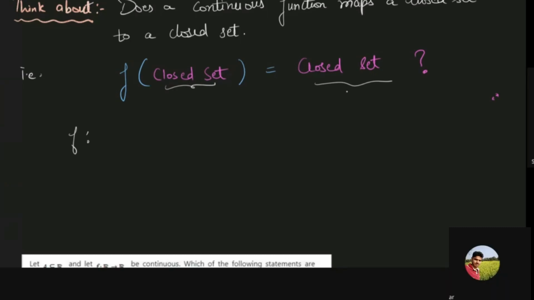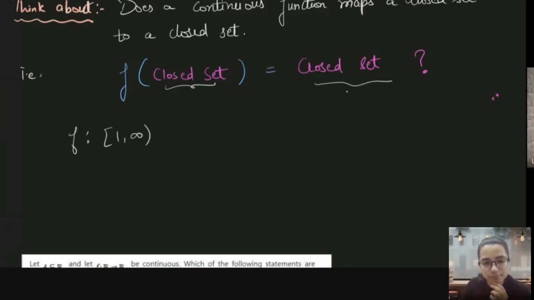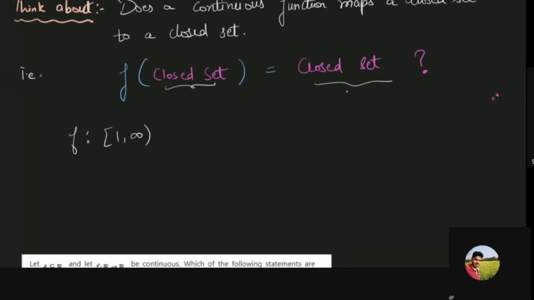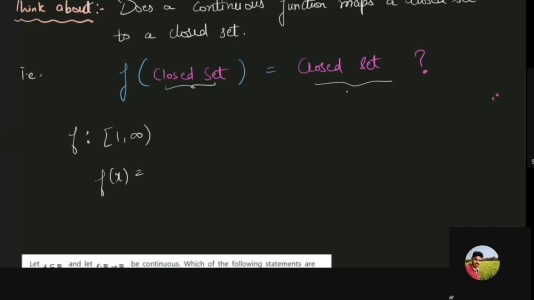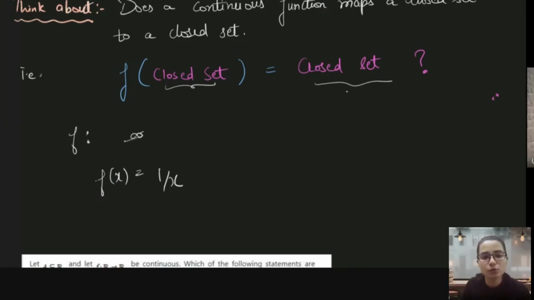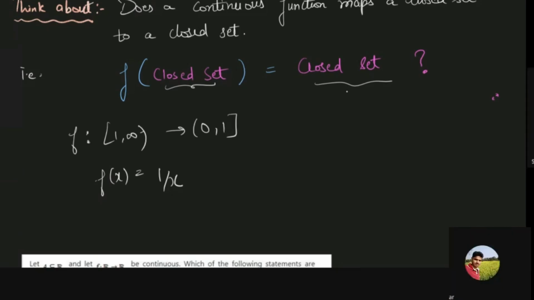Closed one to open infinity is a closed set, but the image would be 1 by x, the range would be open 0, closed 1. Can you repeat? Your voice is not clear. Domain is [1, infinity), f of x is defined as 1 by x. The range would be (0, 1], and that is not closed. Is this correct? (0, 1]. No. Okay. Codomain is R.